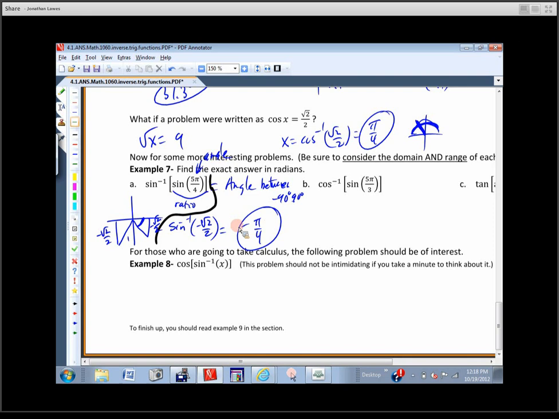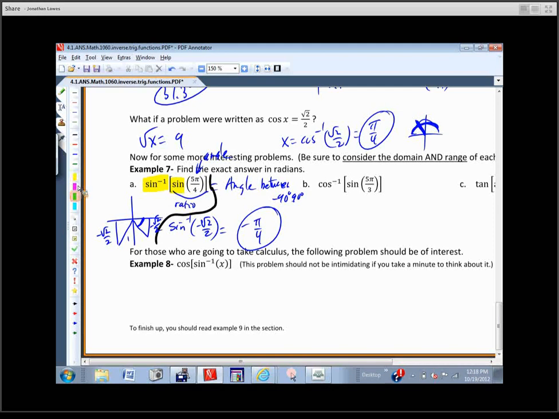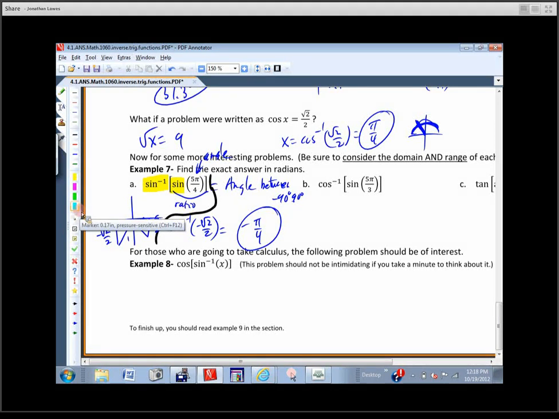Okay, now I want you to take a good look at this. There's sine inverse. What do those two things do to each other? The best way to describe that is they undo each other, right? So whatever this one did to 5 pi fourths, this one ought to undo it, and then you'd think that the answer would be 5 pi fourths, right? But what was the answer?